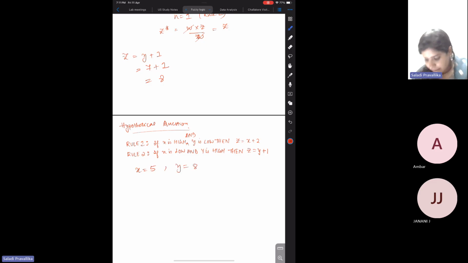Let us say both rules are applicable using max min composition.